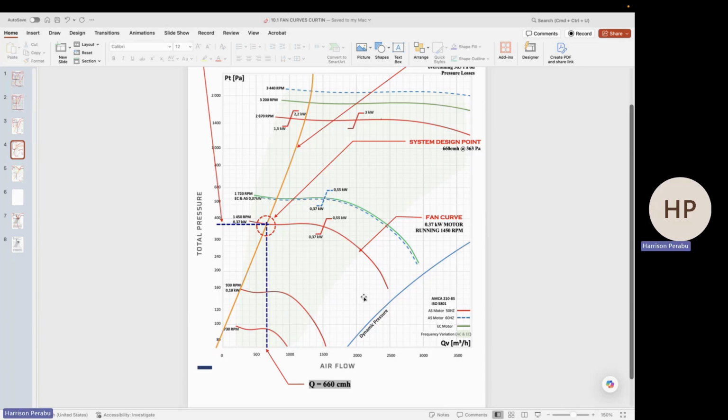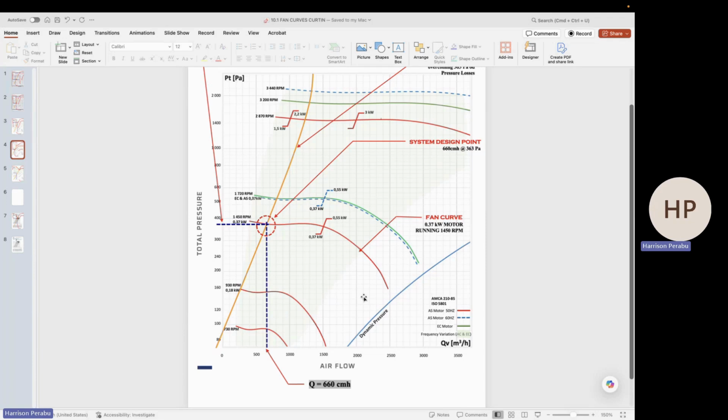Now, look at this array of fans available here. We have a 730 RPM fan. We have a 930 RPM fan. We have a 1450 RPM fan. We have a 1720 RPM fan. We have 2720, 3234. Of course, not all these fans are available in Malaysia, mainly because of the frequency of the electrical specification here.